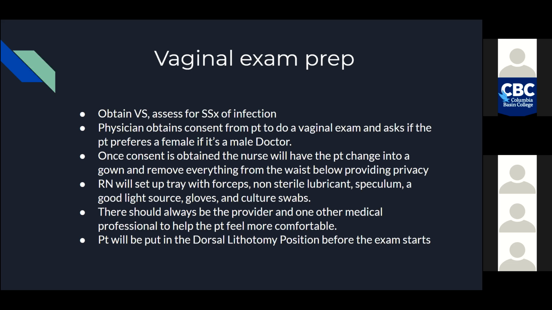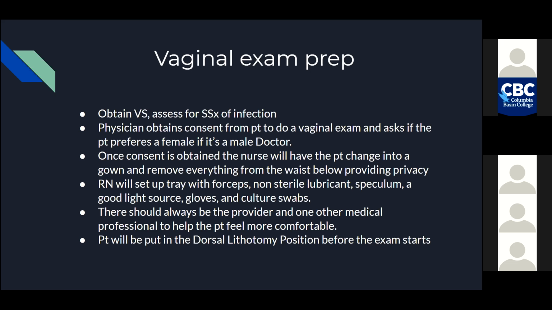Once consent is obtained, the nurse will have the patient change into a gown and remove everything from the waist down, providing privacy. The RN will set up a tray with forceps, non-sterile lubricant, speculum, a good light source, gloves, and culture swabs. It should always be the provider and one other medical professional, just to help the patient feel more comfortable, and probably for liability reasons.